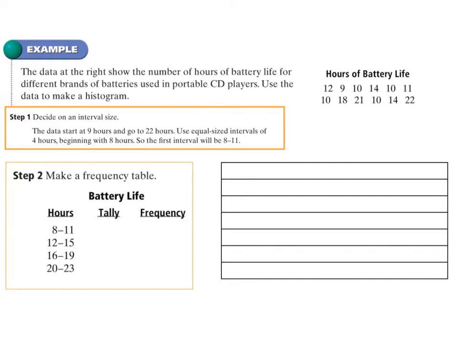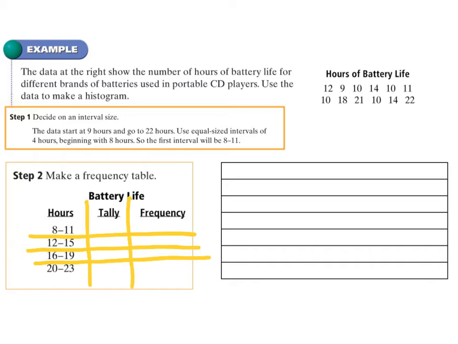So for example, looking at my data set, the first number I have is 12. I'm going to draw my lines to split this into our different rows, and make my tallies in the frequency table.